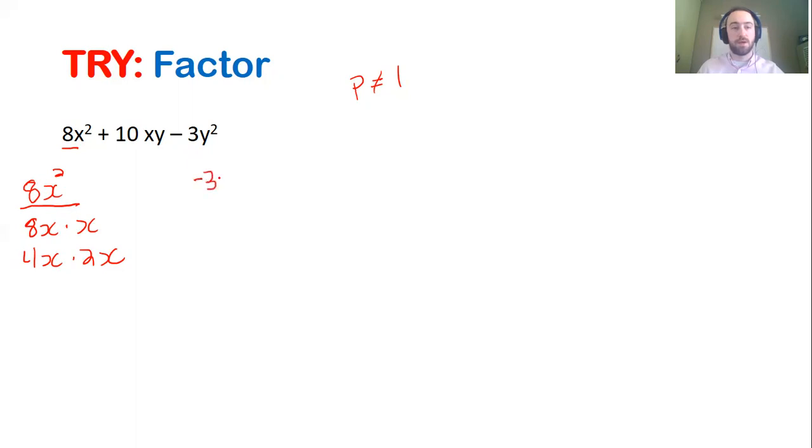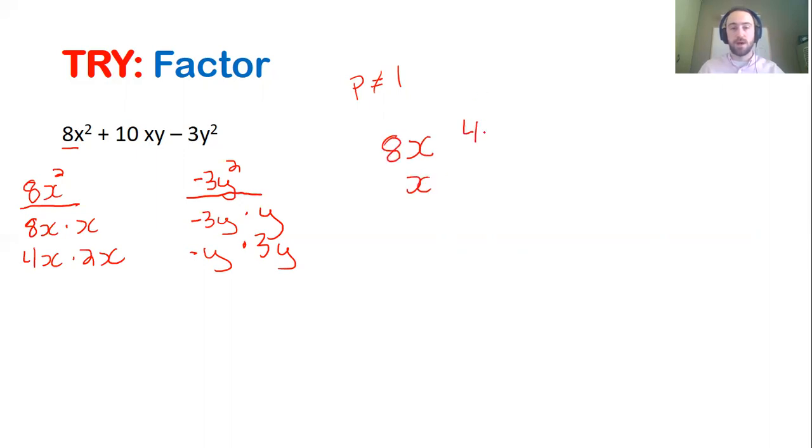Great. Now let's write down all the factors of negative 3y squared. We have negative 3y and y. And we also have negative y and 3y. Great. Now let's go ahead and write down our factors vertically. We have 8x and x.